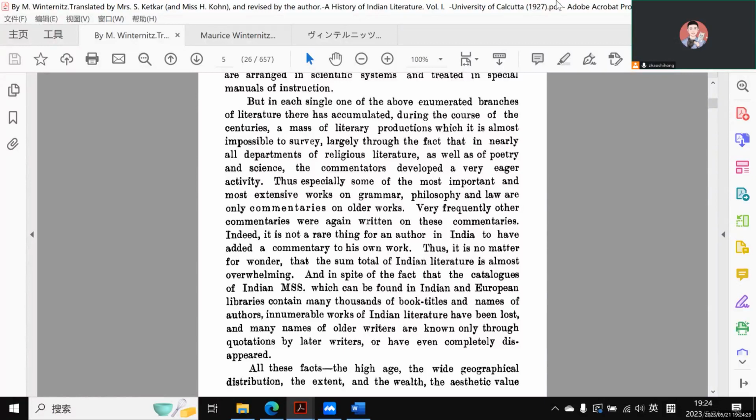The end of the ancient period, I will say maybe somehow like, I have no idea, but maybe around the 2nd, 3rd, 4th century, like that. I don't know. That's what I understand as ancient India.